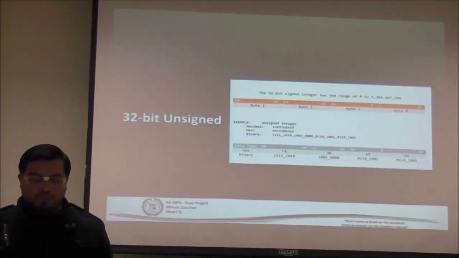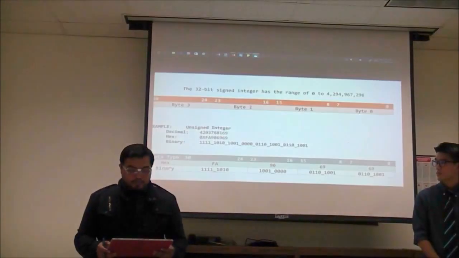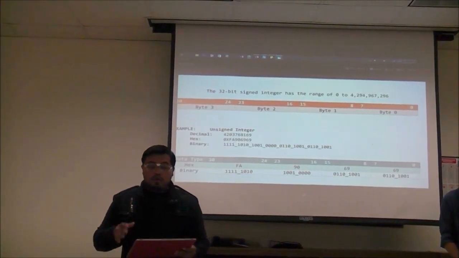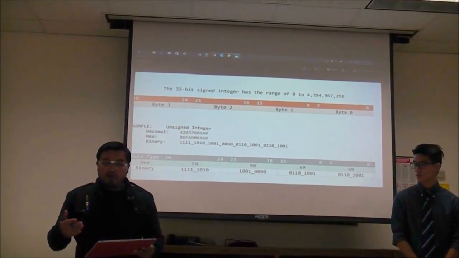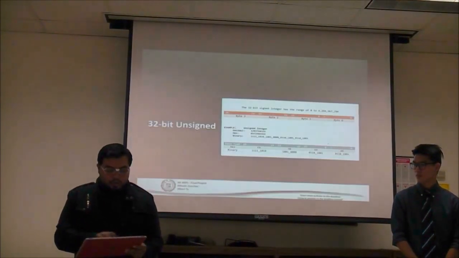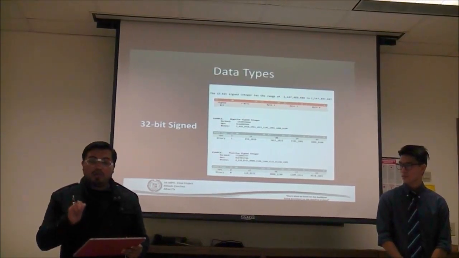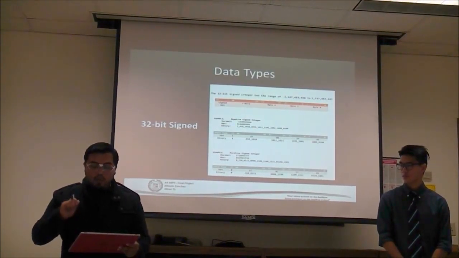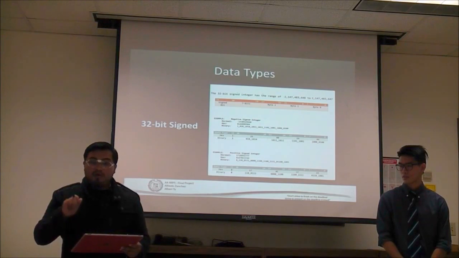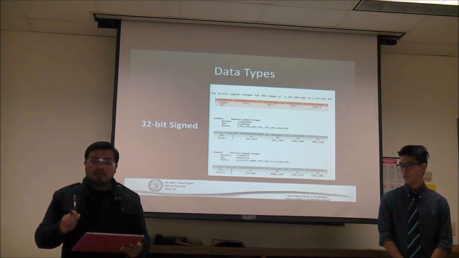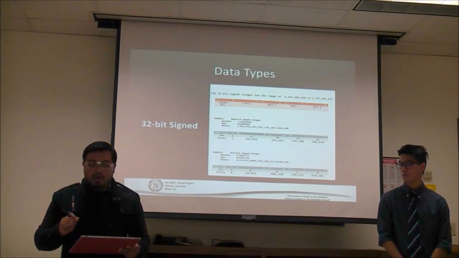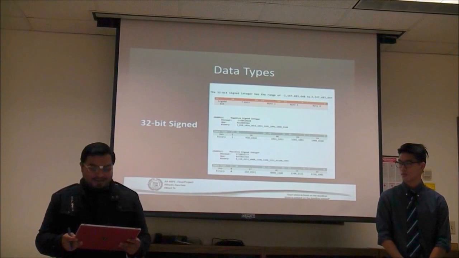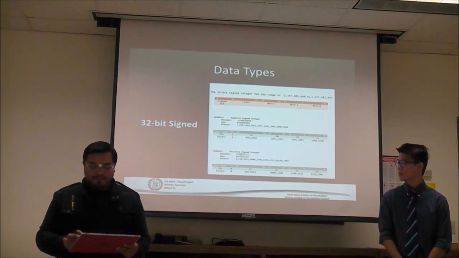The next one is the 32-bit unsigned integer. In this case, it can use the whole 32 bits, whereas the 32-bit signed can only range from -2,147,483,648 to the positive value of 2,147,483,647.